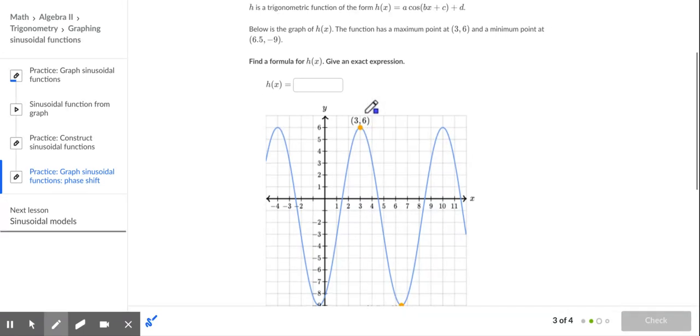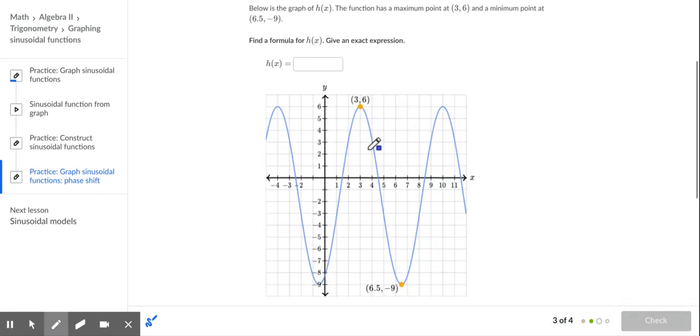So let's go ahead and get our midline. So negative 9 plus 6 divided by 2 is negative a half. Nope, negative 1.5.